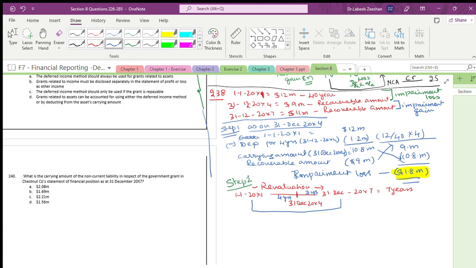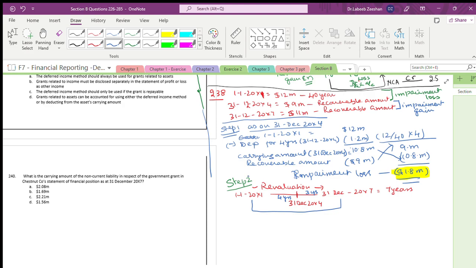That's what it says. If the amount exceeds the carrying amount, that is the rule. The carrying amount is how much? The carrying amount is only as of the 31st December: 10.8 million. The revaluation amount is how much? 11 million.